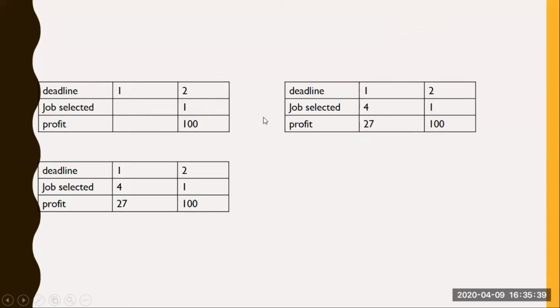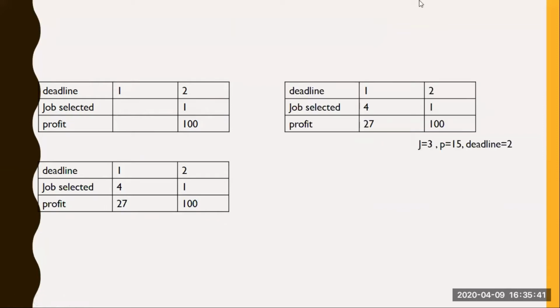Then I go for the next job, job 4, which has a deadline of 1 minute, and this first slot is free, so I can add job 4 in the first slot. Thereby I get job 4 followed by job 1, and the maximum profit of 127.